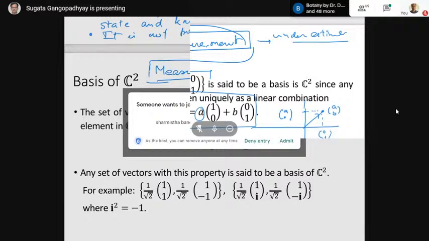So this quantum state is, let's say, 1 by square root of 2 ket 0 plus 1 by square root of 2 ket 1. Suppose I am measuring this quantum state by using the basis ket 0, ket 1.